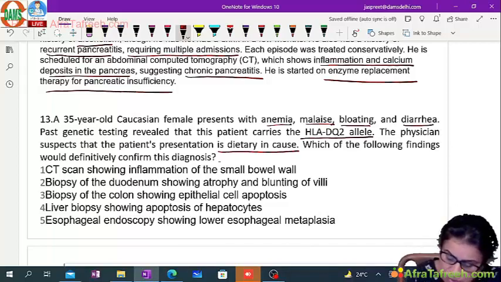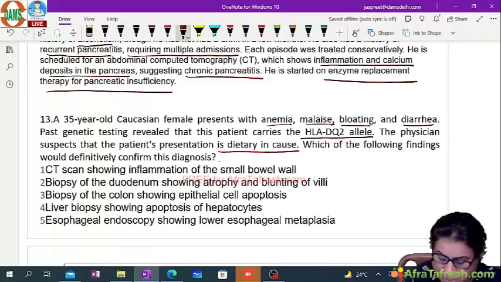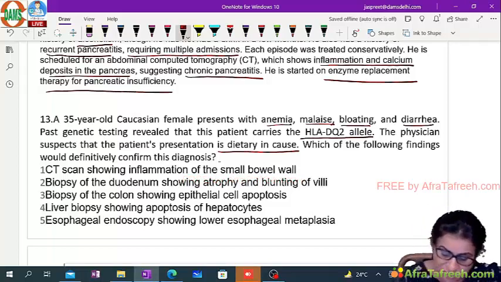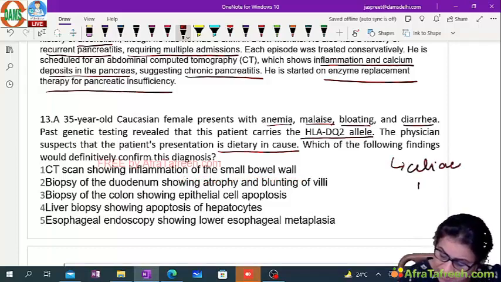A CT scan showing inflammation of the small bowel, biopsy of the duodenum showing atrophy and blunting of villi, biopsy of the colon showing epithelial cell apoptosis, liver biopsy showing apoptosis of hepatocytes, esophageal endoscopy showing lower esophageal metaplasia. So very simple answer to this, this is a story of celiac disease.